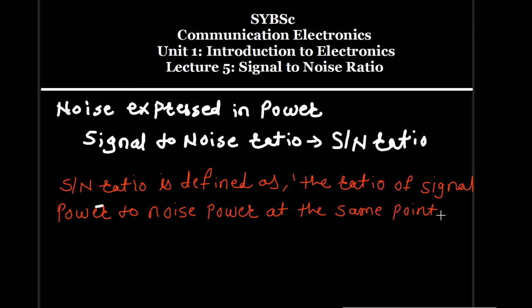Repeating again, the definition of signal to noise ratio is the ratio of signal power to noise power at the same point.